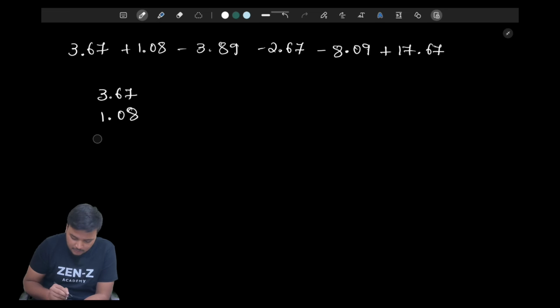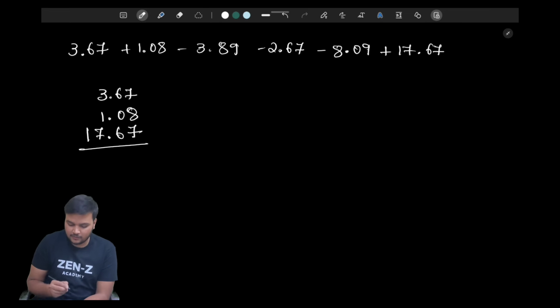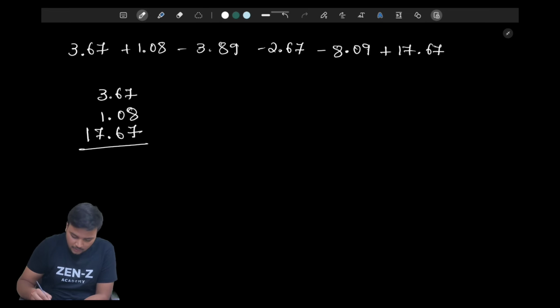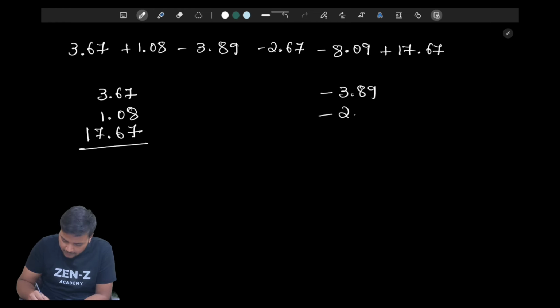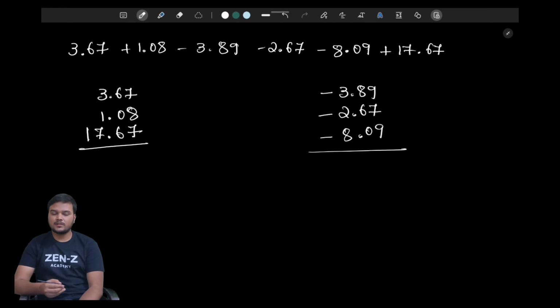So I'll just remove this part. Which is the next positive number here? It is 17.67. This is all the positive numbers here. I'll take the negative numbers, which is minus 3.89, minus 2.67, minus 8.09.